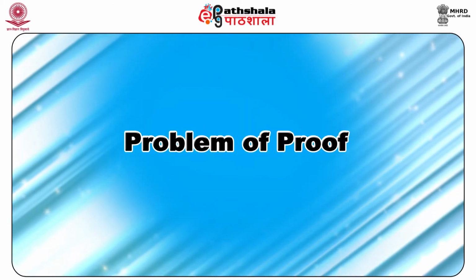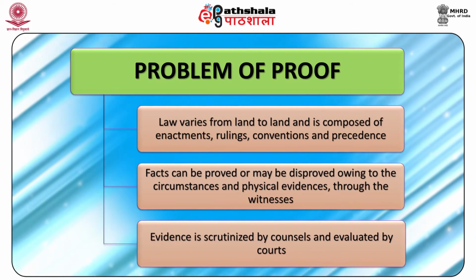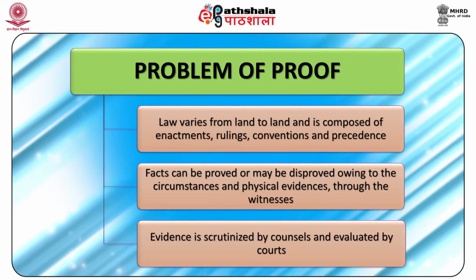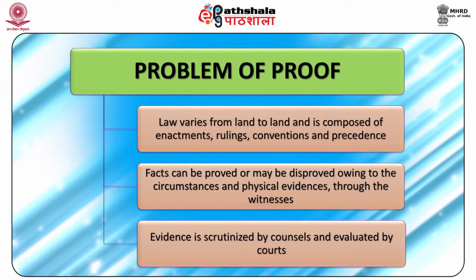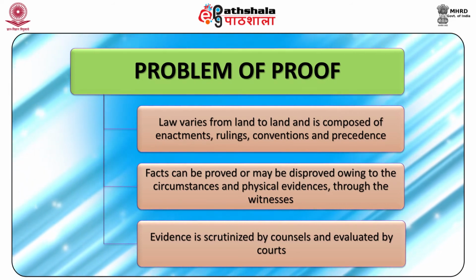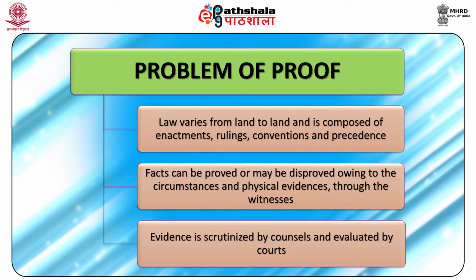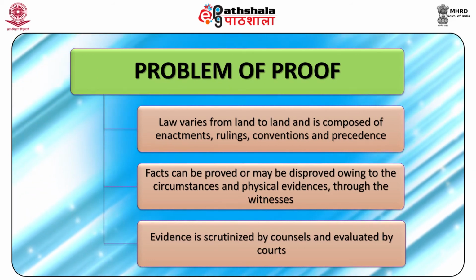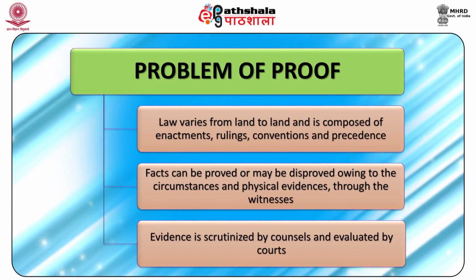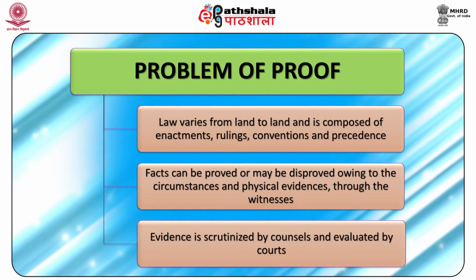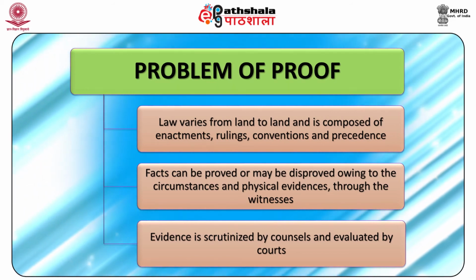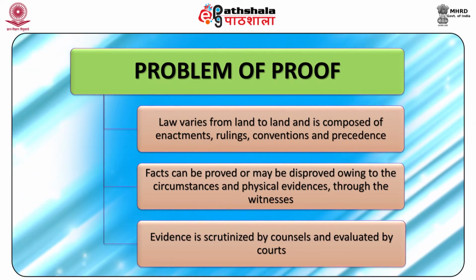Problem of proof. The question of proof in a criminal trial is becoming a difficult problem every day. It is related with men, law, and facts. The behavior of the men is conditioned by their education, temperament, financial status, intelligence, and their bias.